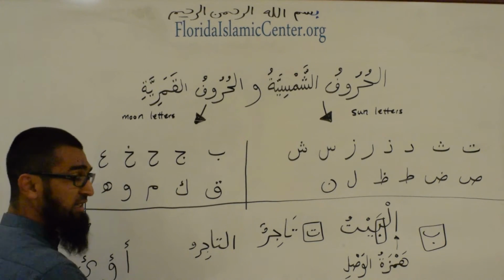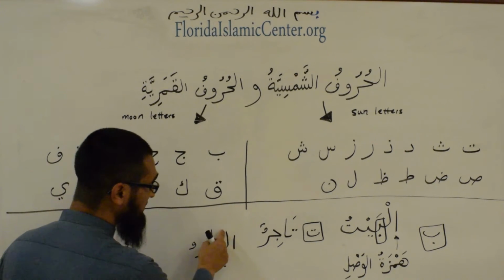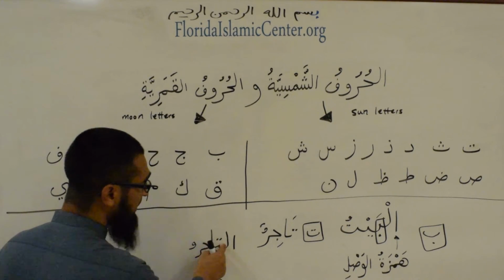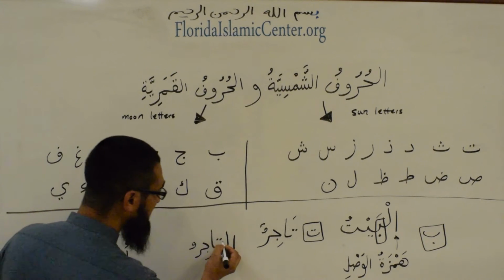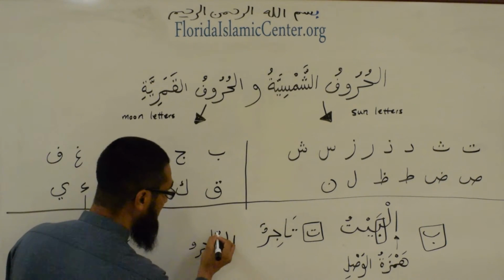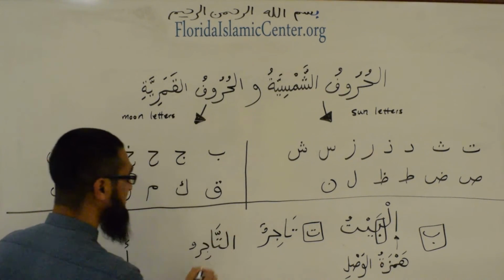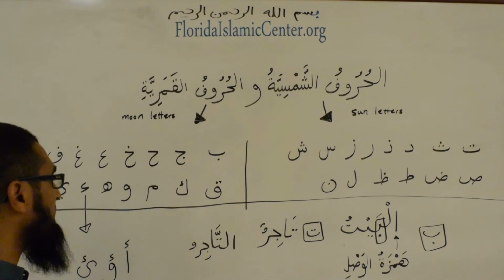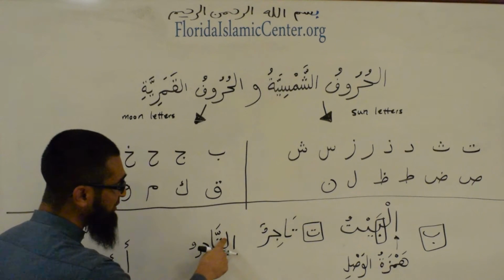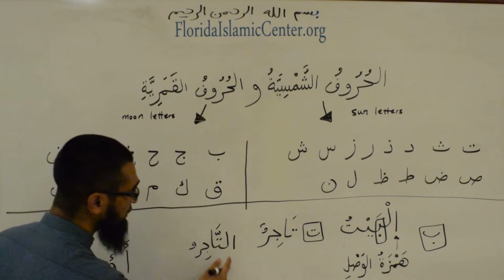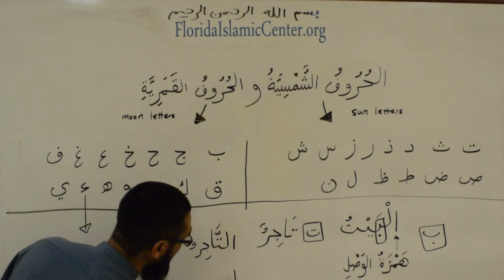You will see that you're not supposed to pronounce the lam. The lam is not pronounced, and instead the ta takes a shadda. So it is as though the lam switched to the letter after it, which was a ta.